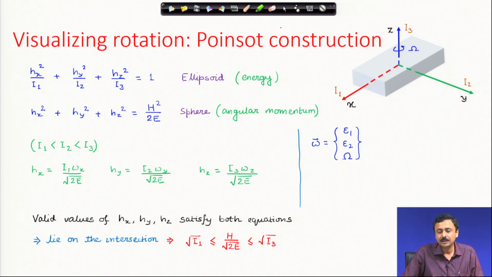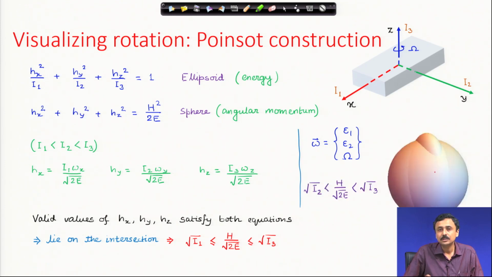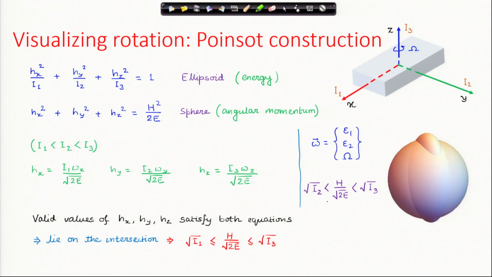If you similarly give omega, the dominant spin, in the z axis, this is what you will observe. The intersection will now be this, and the radius restriction is that it should lie between the intermediate semi axis value and the largest semi axis value. The intersection will be on this closed curve, and the h x, h y, h z values will remain close to this vertical axis.